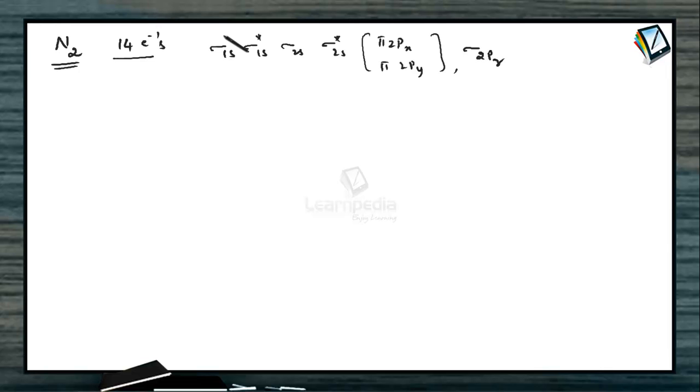So this is 2, 4, 6, 8, 10, 12 and 14. So the bond order is equal to bonding electrons 10 minus anti-bonding electrons 4, 6, by 2, 3. So the bond order is 3.